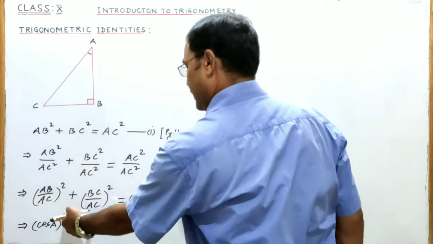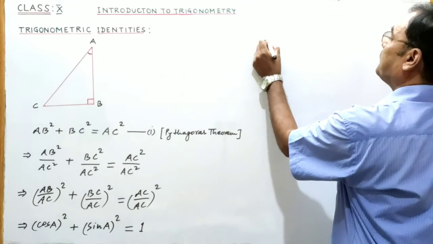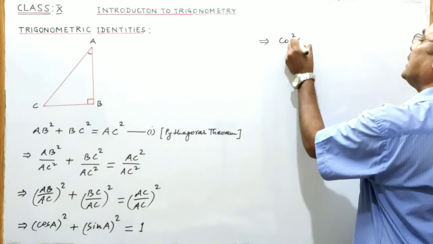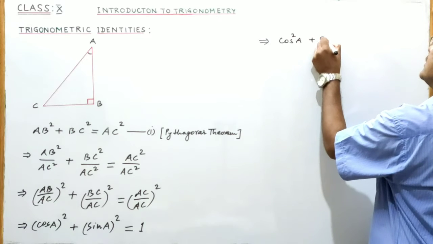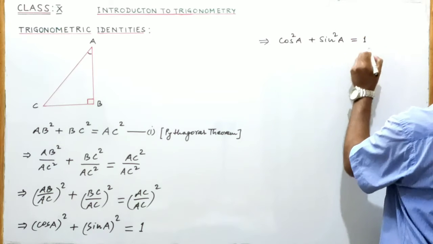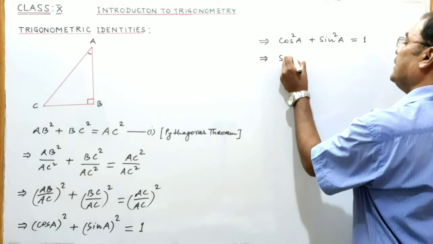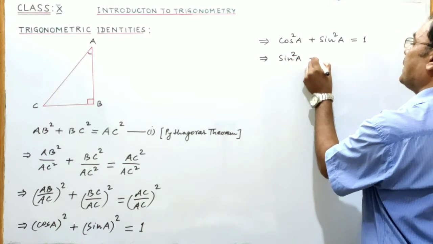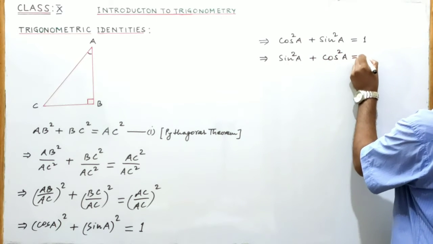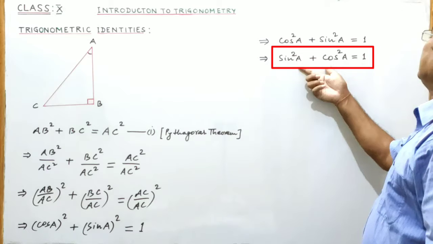So cos A whole square plus sine A whole square is equal to 1, and this implies cos square A plus sine square A is equal to 1. This further we can write as sine square A plus cos square A is equal to 1.